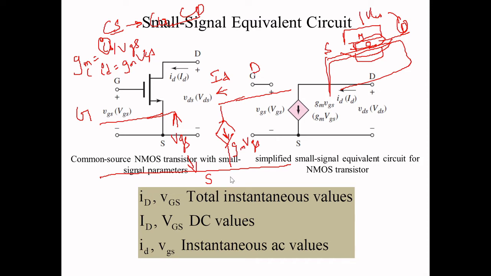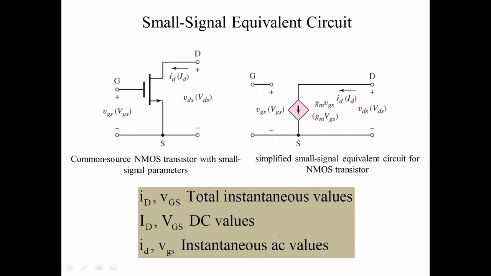The same model is explained here. Between gate and source it is open circuited, which means you have a higher input impedance, and that is why it is given as VGS. This is your current, small i, capital D. You know the transconductance formula, so gm equals the change of ID by VGS, and from there ID equals gm times VGS.